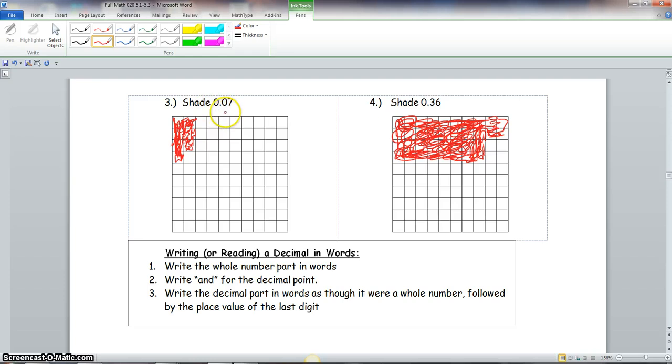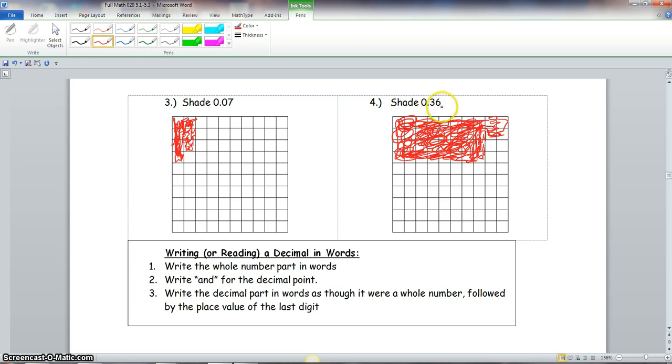Now problem 3, we look here. This 7 is in the hundredths place. So this is 7 hundredths. We have 100 blocks here, so we need to shade in 7 of them, which I did here and which you should do in your notes. Now number 4, this is 36 hundredths. One thing I want you to pay attention to is the last place value behind the decimal.